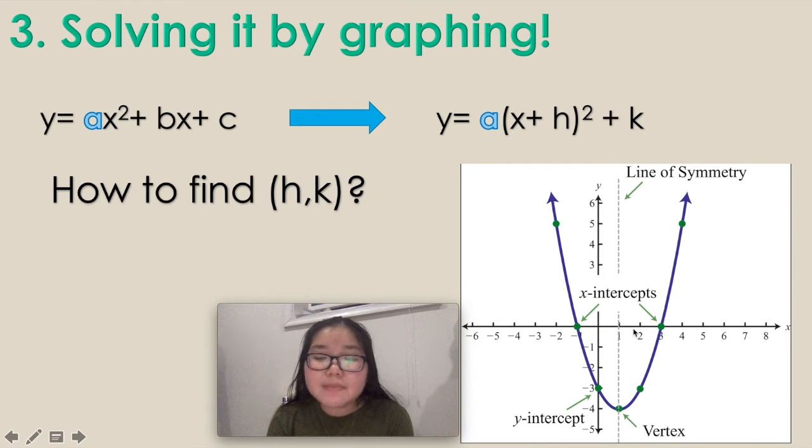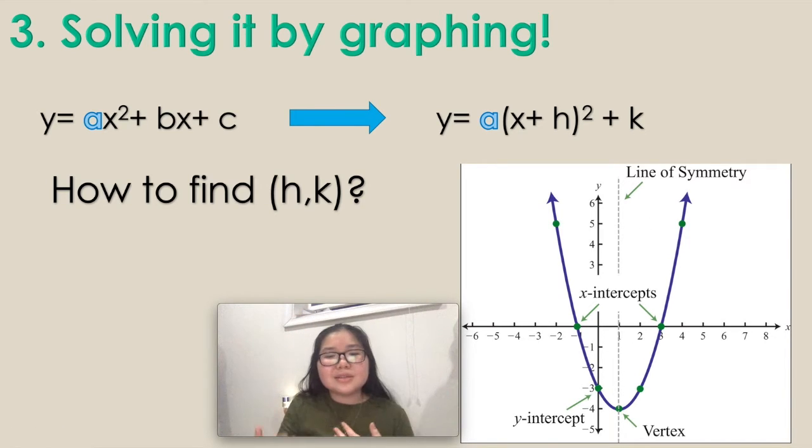So the line of symmetry is exactly the edge. As you can see, it just has a value on the x-axis. The line of symmetry is the middle line that cuts your parabola in half. So that's easier to understand, right?